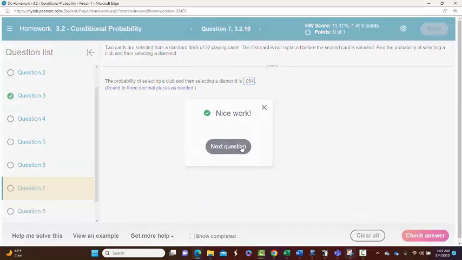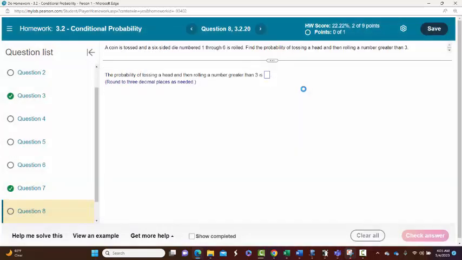Boy, we're just tearing it up here. Let's see. That one doesn't seem to be too bad. A coin is tossed and a six-sided die is rolled: heads, then rolling a number greater than 3. Those are going to be independent events because obviously the coin flip's not going to affect the die, so the coin will be 1 over 2, and I'll let you figure out the probability of rolling a number greater than 3 out of 1 through 6.